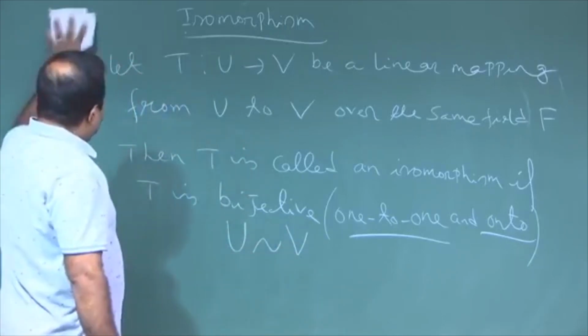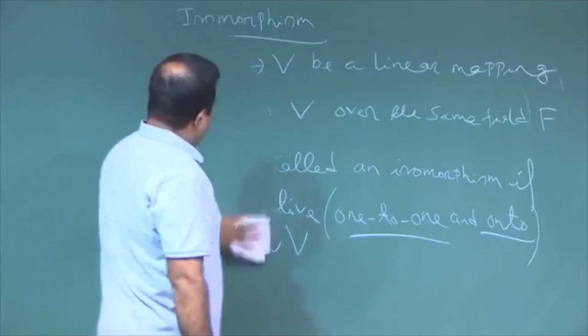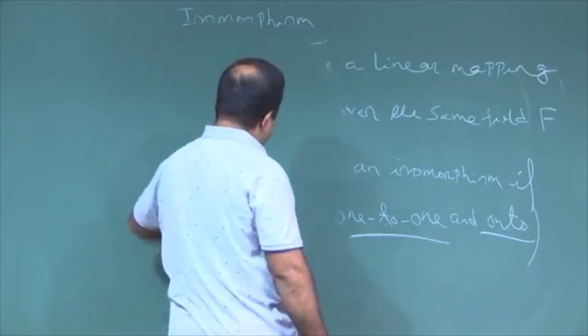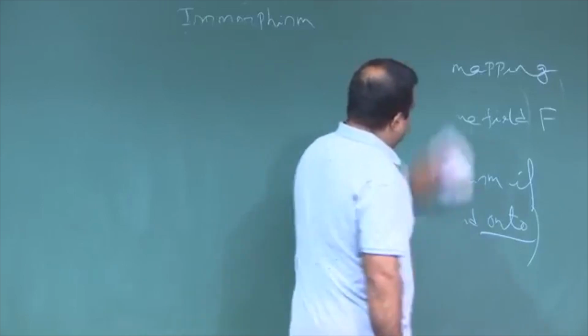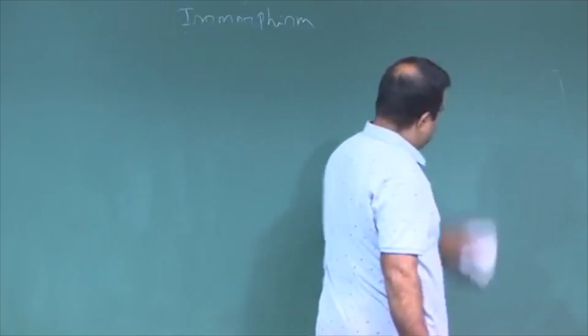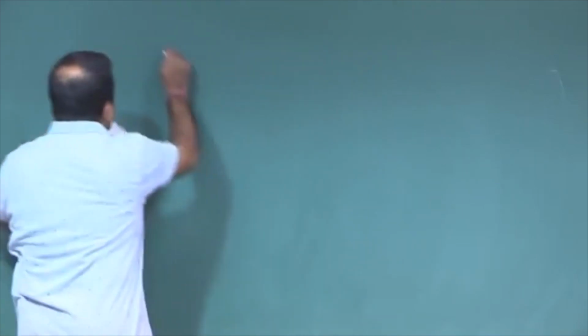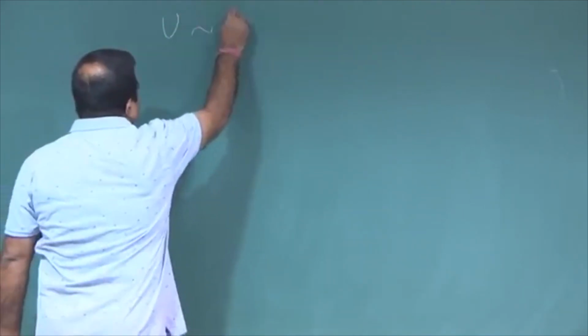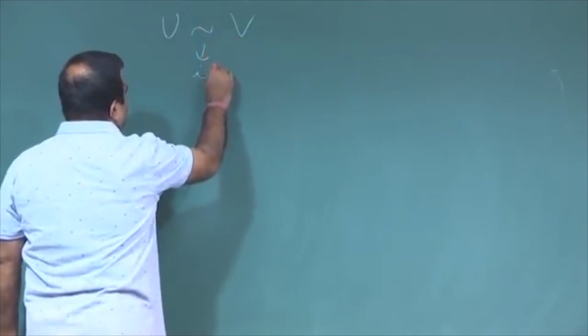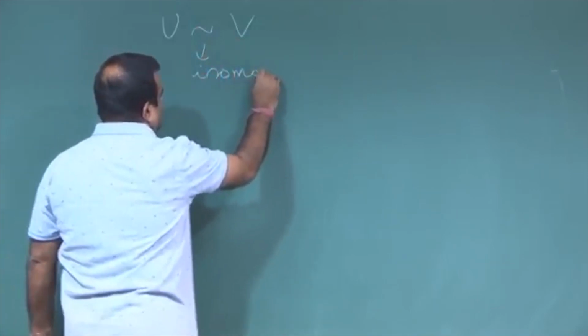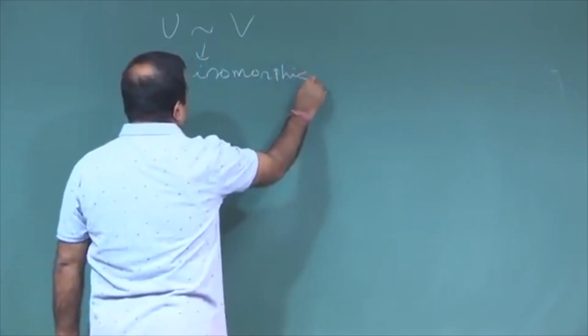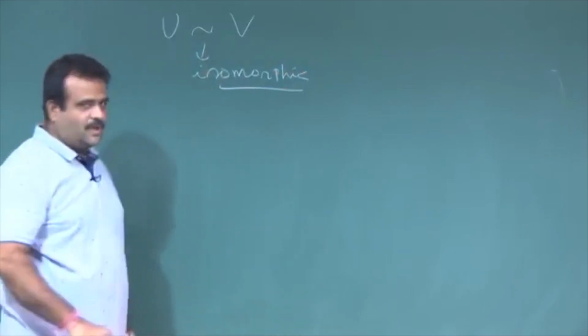So, that means, if there is a linear transformation which is bijective, then we call the two vector spaces isomorphic. So, U and V are isomorphic. You can use this symbol for isomorphic.